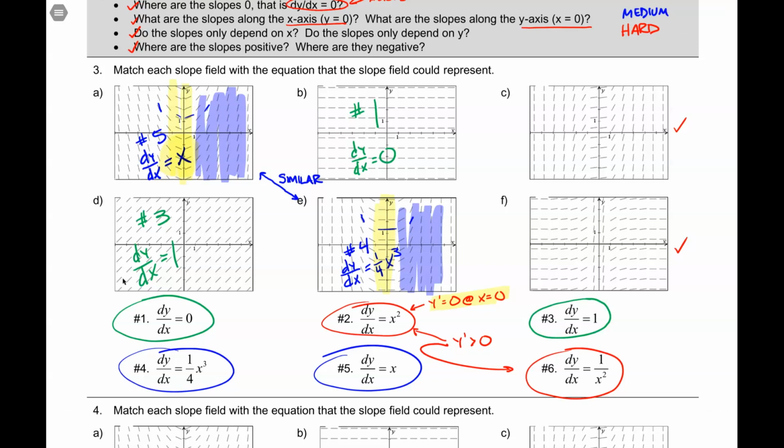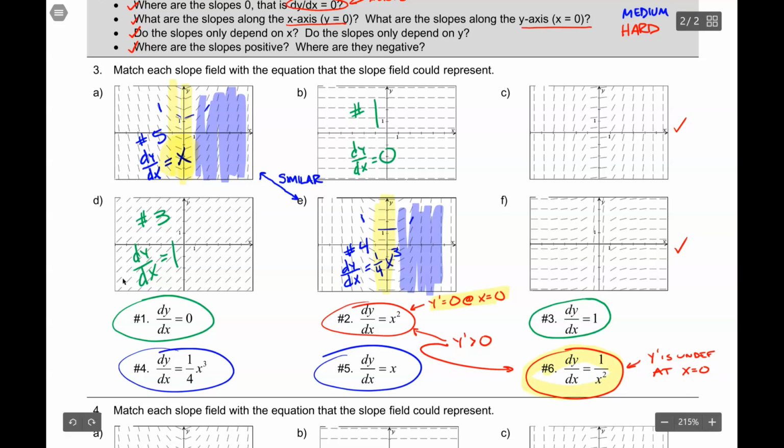But what about here? For x equals 0, y prime is undefined. And when a slope goes towards undefined, the solution gets extremely steep. So what I have to do for this differential equation right here is pick one that gets really steep as we get close to x equals 0.